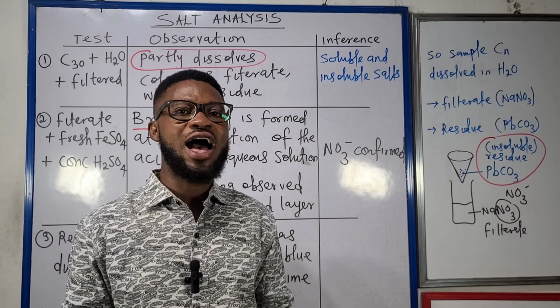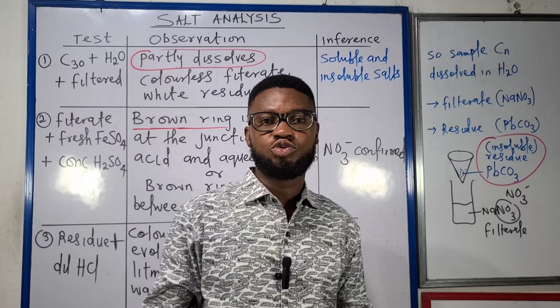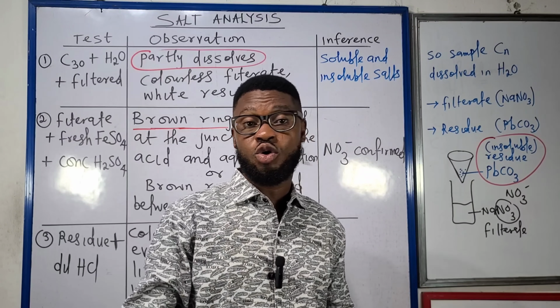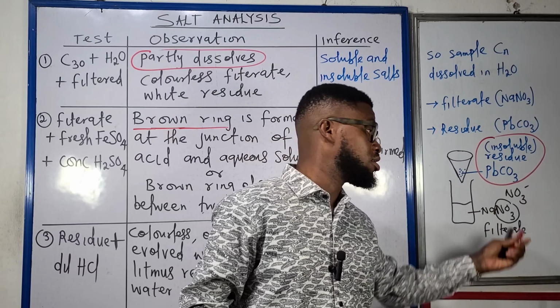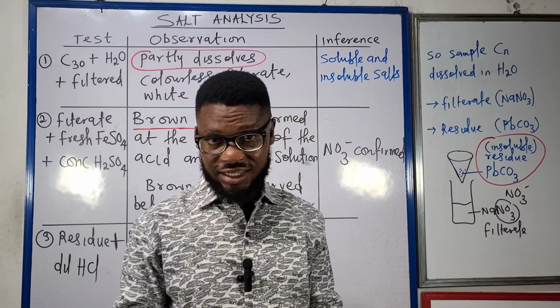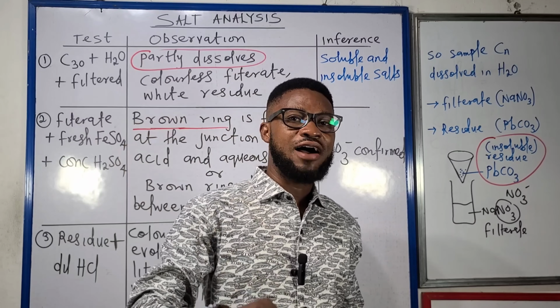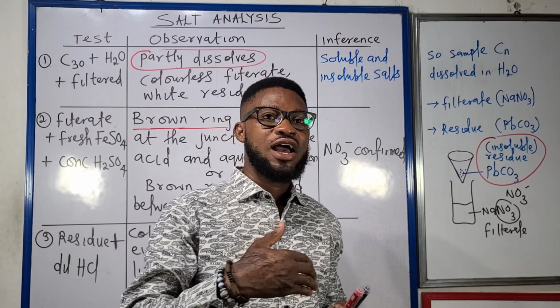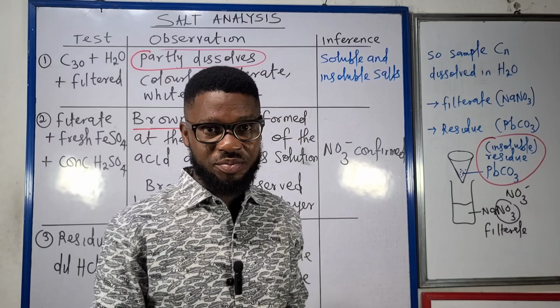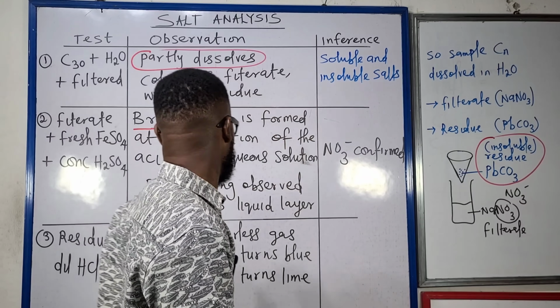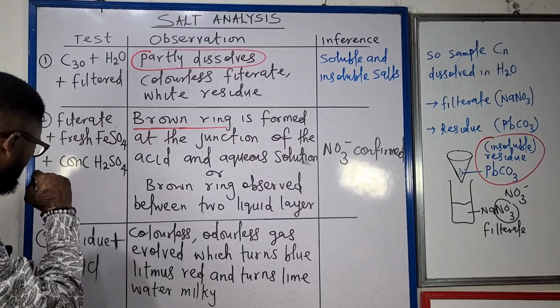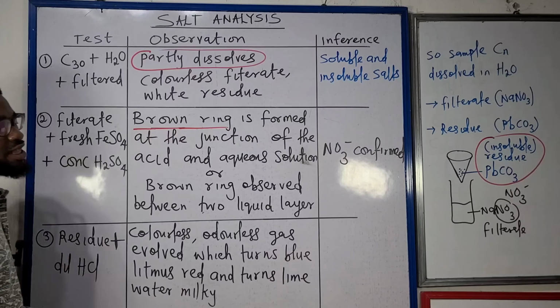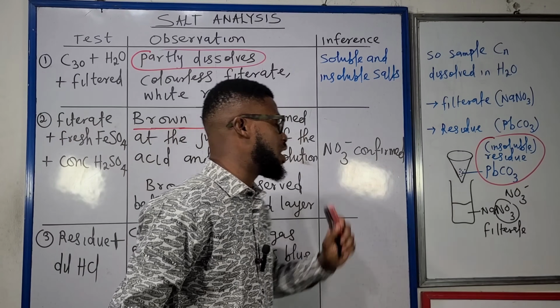Most times when you add acid to a solid substance or a residue which is a solid as well, an insoluble solid in this case, you are very likely to have gases being liberated. So in this case, to your residue, that's what is on the filter paper.